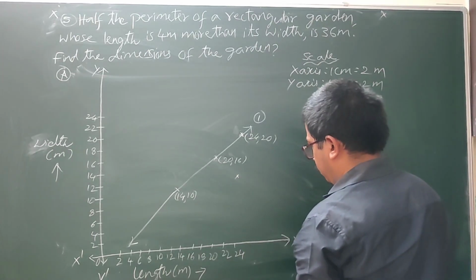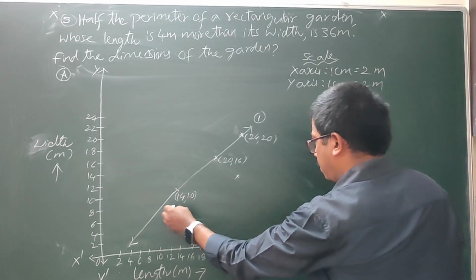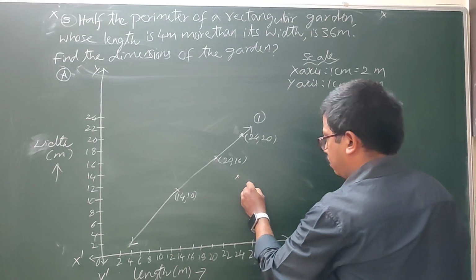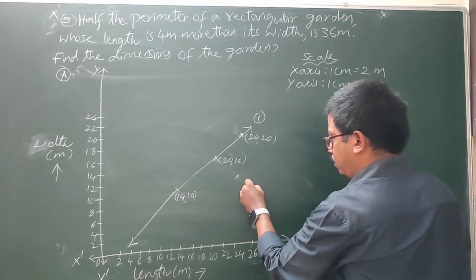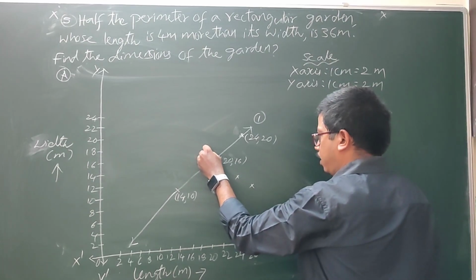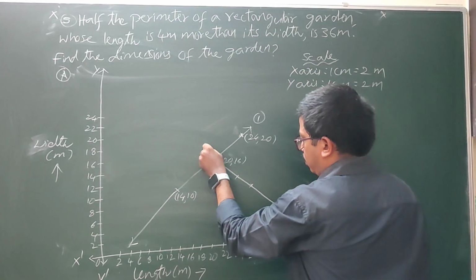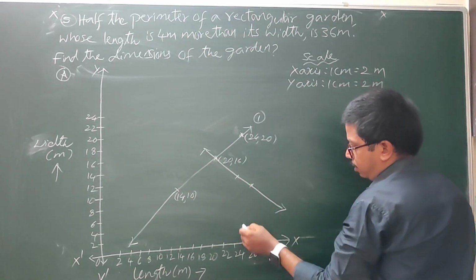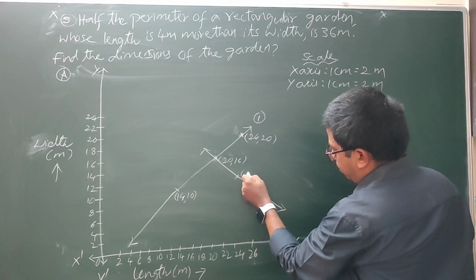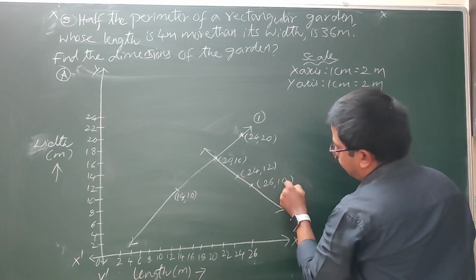Next for 26 it is 10. And after joining these points, I will get the equation like this. So it is 20, 16. It is 24, 12. It is 26, 10.